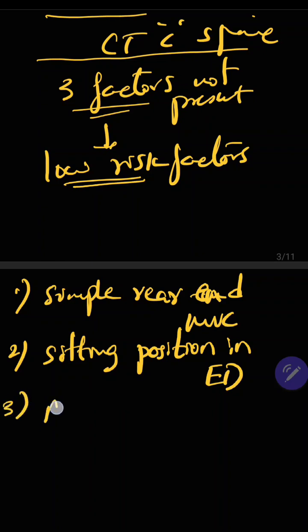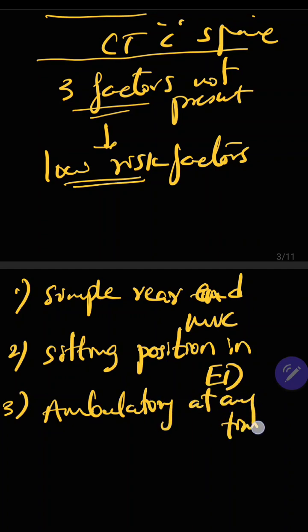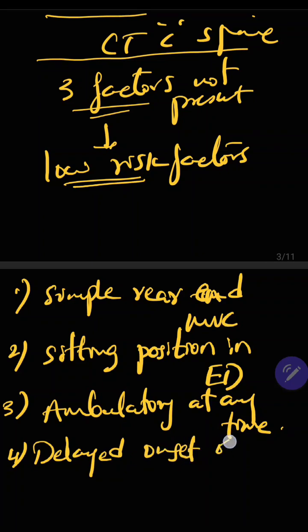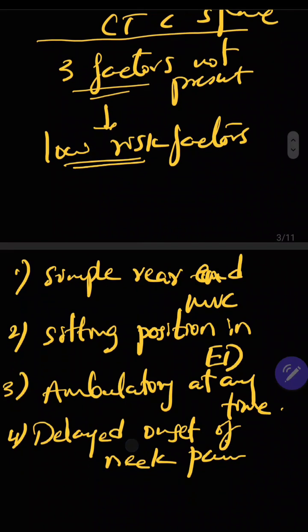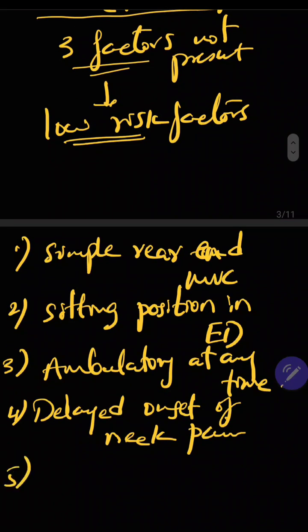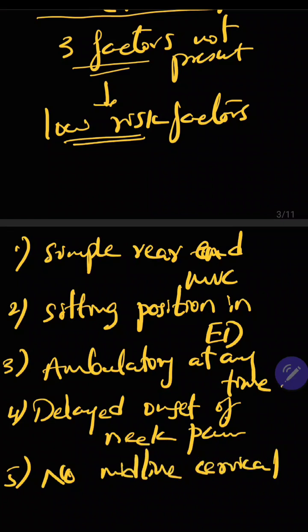And number three, he may be ambulatory at any time. He will be moving here and there. And number four is delayed onset of neck pain. And number five, there is no midline cervical tenderness.